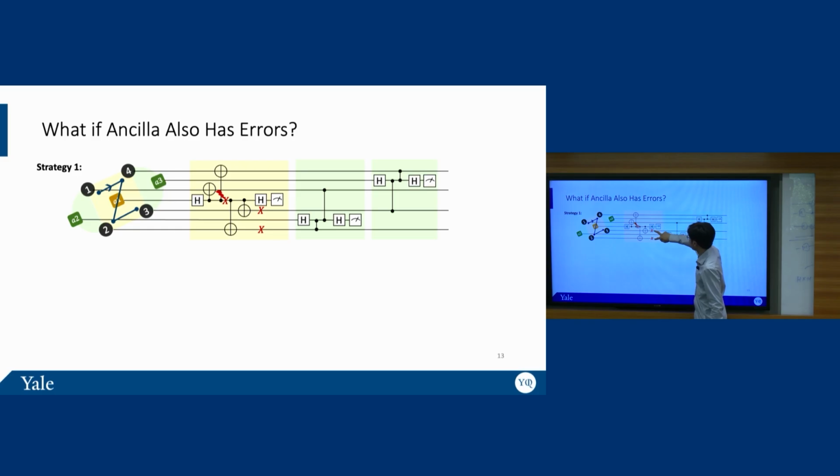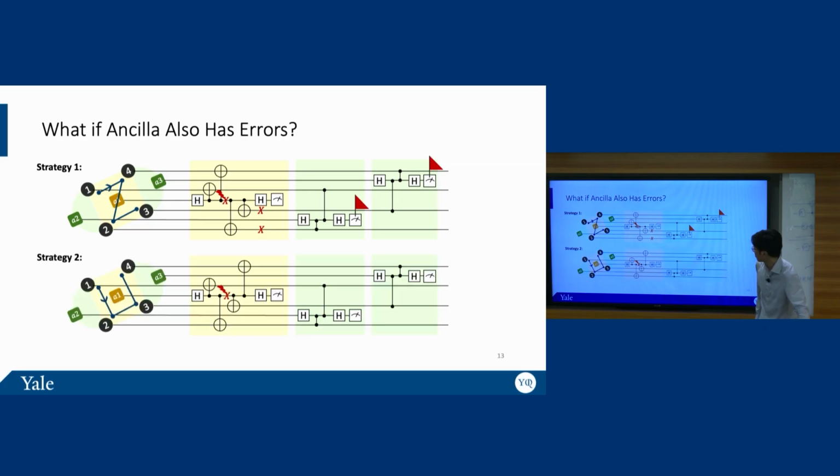So there are two X flips lingering in my circuit, and then this X error will be flagged by this CZ operation and detected by ancilla qubit A2. So in this case, we are okay.